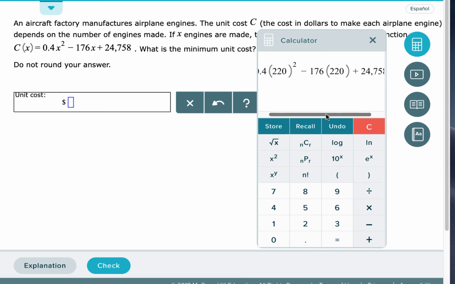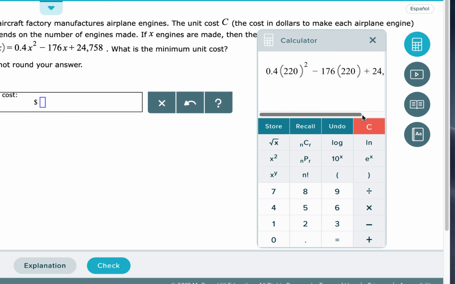So let's make sure that we substituted that value in correctly. So the cost for 220 engines is 0.4 times 220 squared minus 176 times 220 plus 24,758. And when we do that computation, we get 5398.